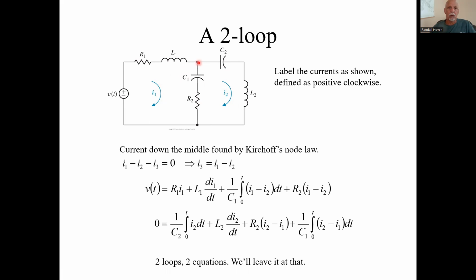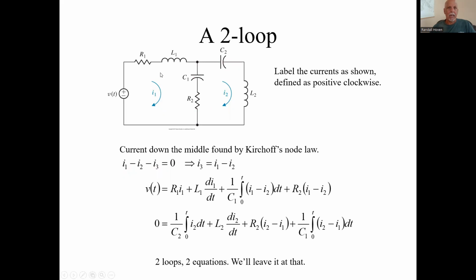And here we need to use Kirchhoff's node law. Up through here, I have this I sub 1 that goes into this node. Then coming out of that node is this I sub 2. So if I want to know what the current down through this path is, I need to use Kirchhoff's node law.